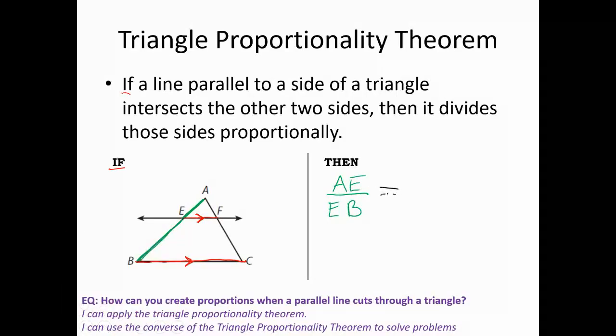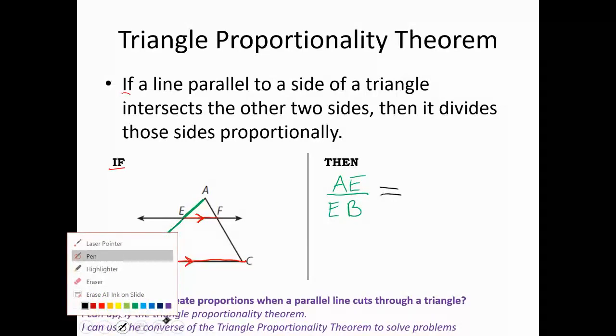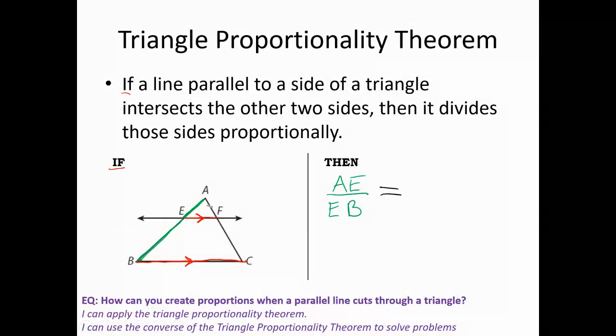So it's going to be equal to the same thing on the other side. So AF divided by EC. So that's what that means.